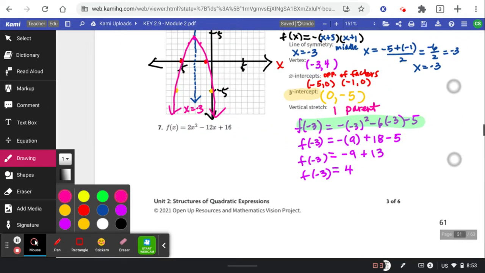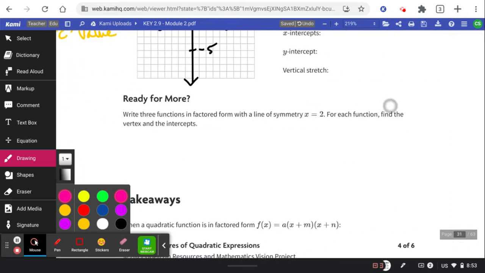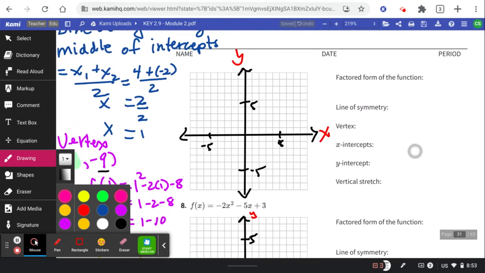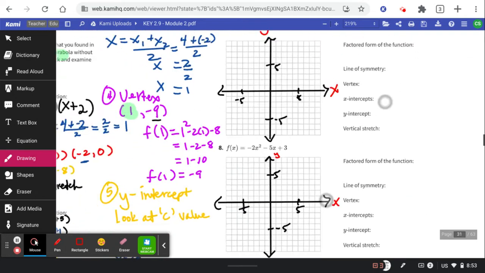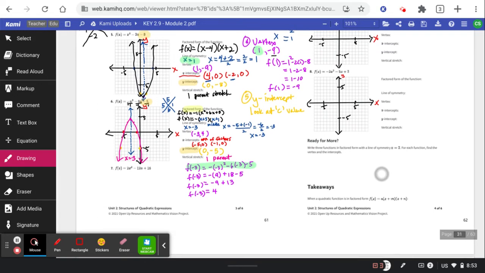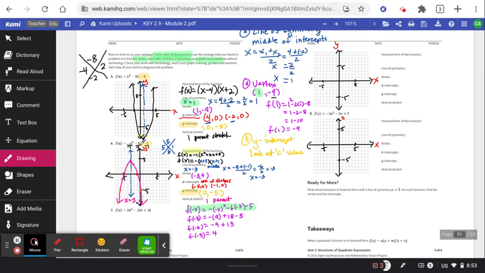All right, let's go do the same 5 steps up here at the top of this guy. Oh, it looks like it was down here. f of x equals 2x squared minus 12x plus 16. Let's rewrite it up here.